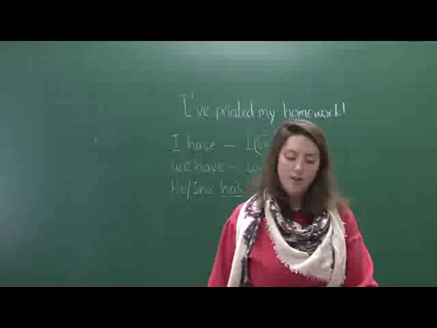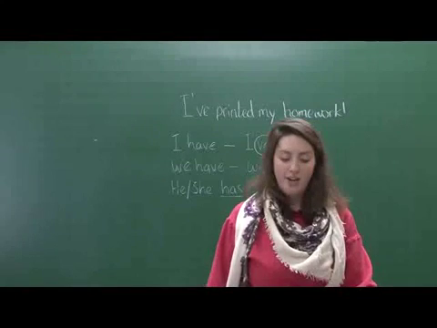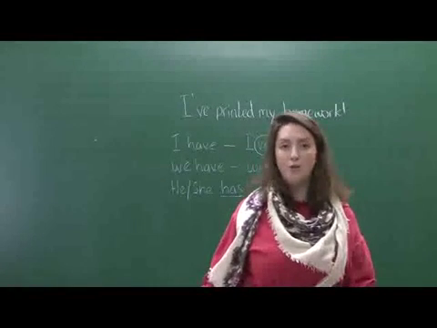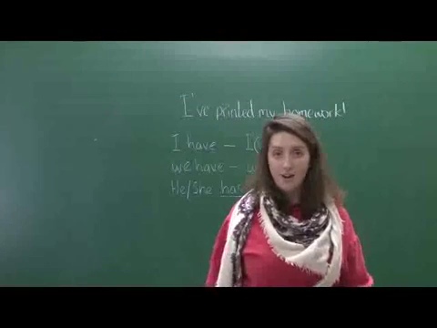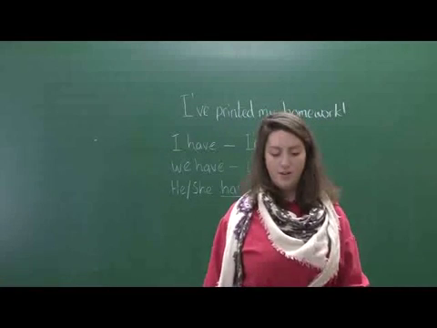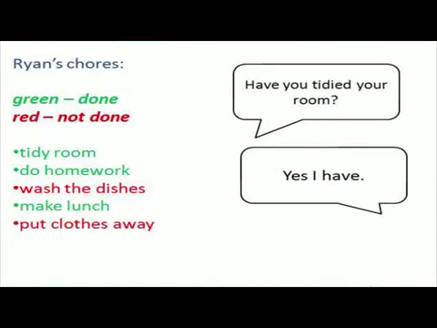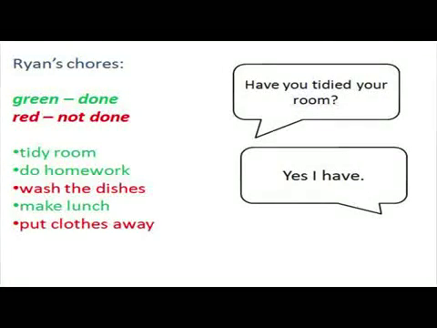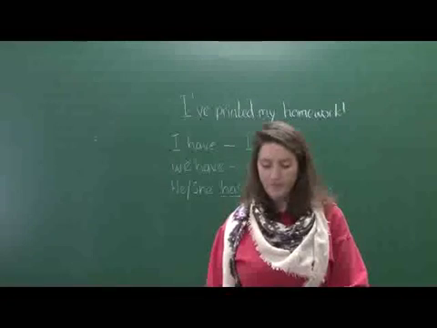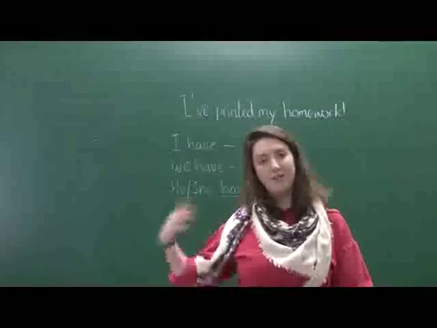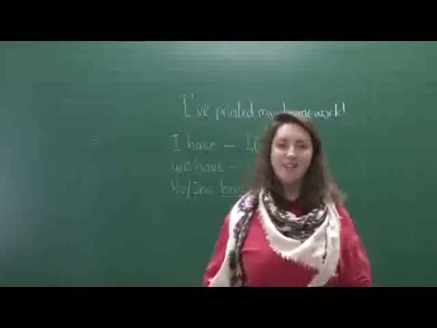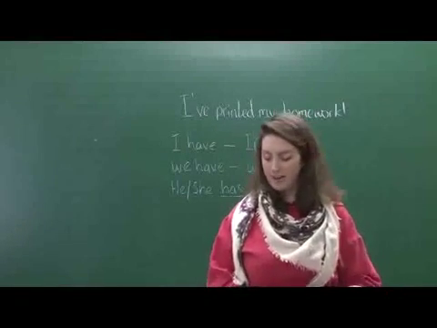Now this one, we can actually add the subject in between put and clothes to indicate whose clothes they are. So the question would be, have you put your clothes away? And it's in red, so the answer is no, I haven't. Okay, so there's how to ask questions and answer them using the present perfect.